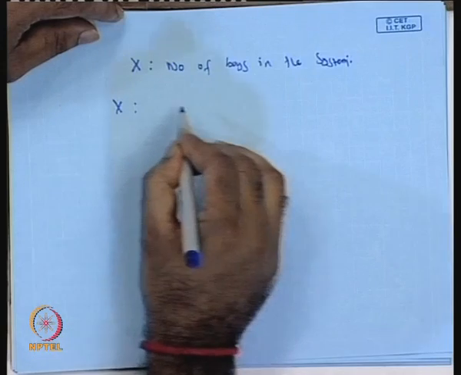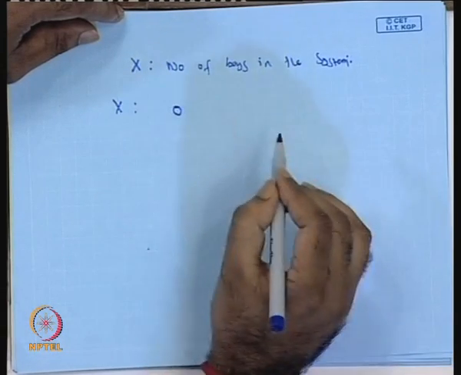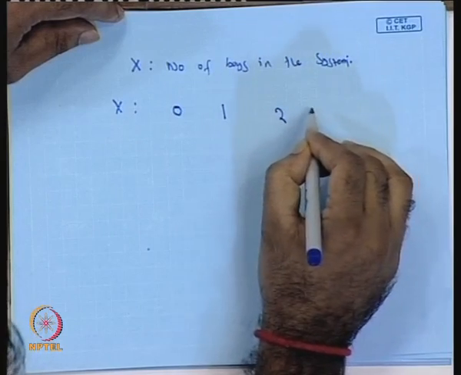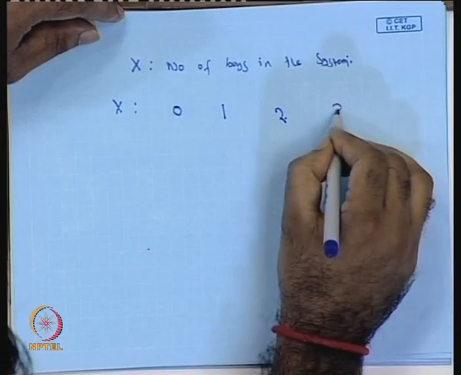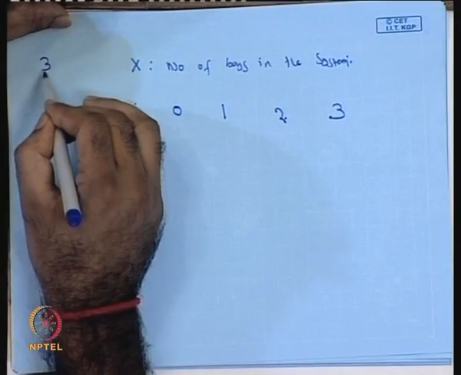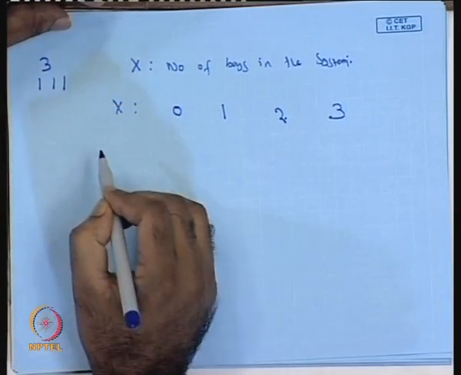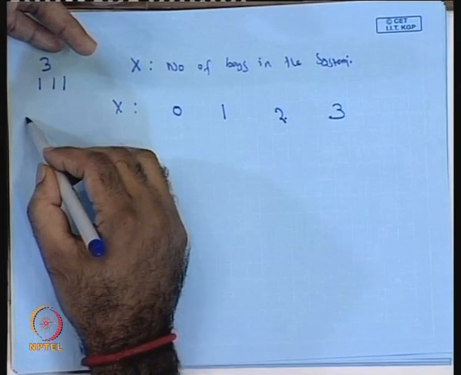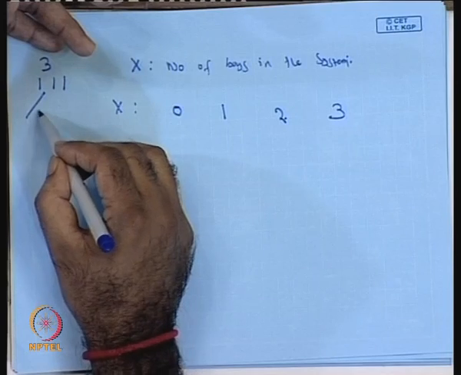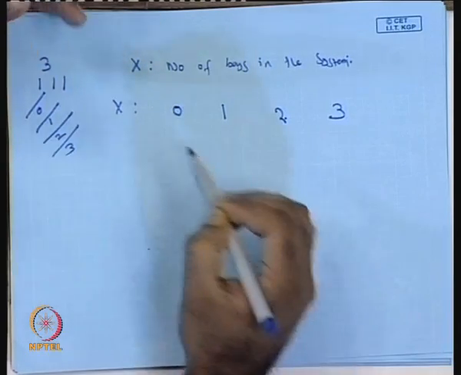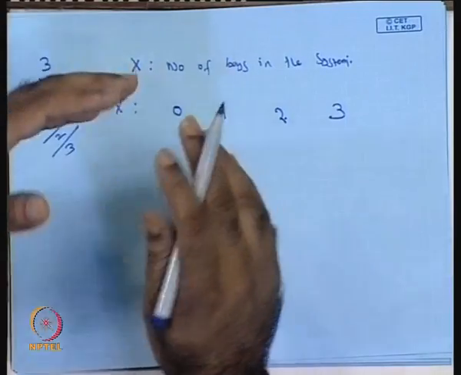So, x can be 0, it can be 1, it can be 2, it can be 3. That means the family size is 3. If there are 3 children, then there may be the possibility of 0 boys, 1 boy, 2 boys and 3 boys. So, there are 4 possible situations.